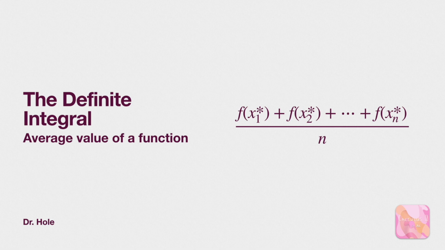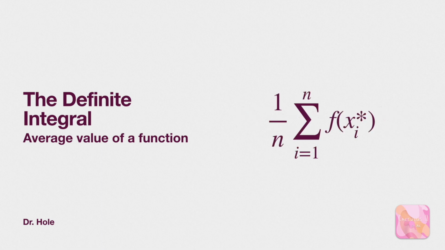We'll come to that shortly. First, let's note that this numerator is a sum of n function outputs, and we can therefore use summation notation to write out the numerator as the sum of n function outputs. And then that numerator was divided by n, which is the same thing as multiplying by the reciprocal of n.